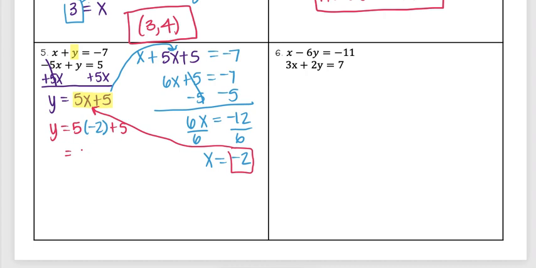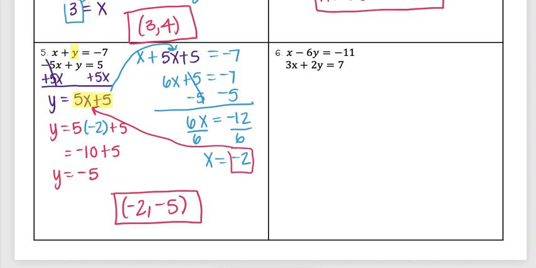Well, 5 times negative 2, I get negative 10. Well, negative 10 plus 5, I get negative 5. So I have my y value, I have my x value, and now I need to put those into an ordered pair. And that is my answer.